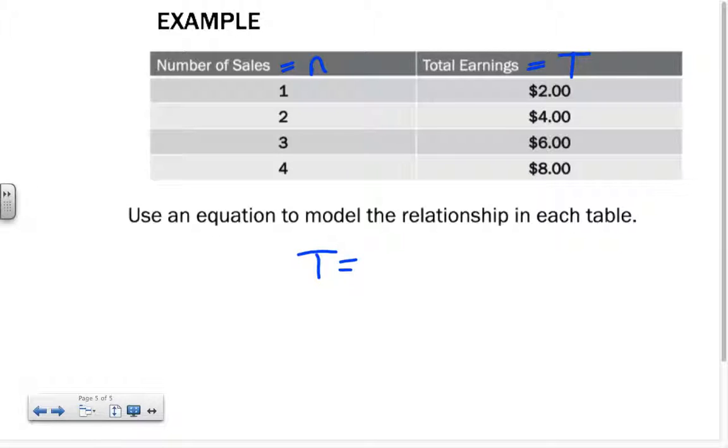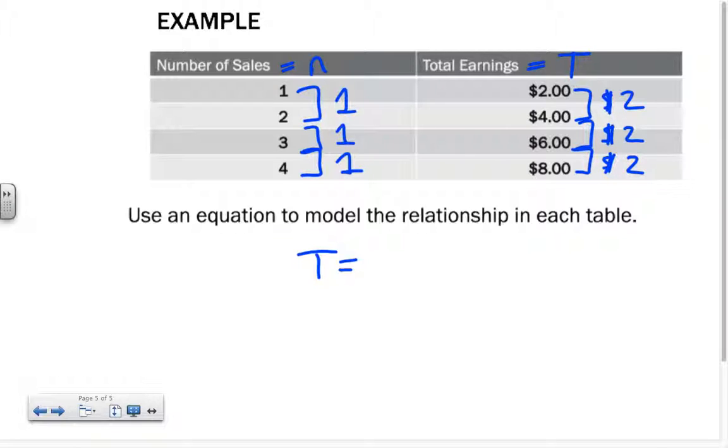So we want to figure out, well, for how many sales do we have this total earnings? We look for one sale, we bring home $2. We go another sale, we bring home $2. Another sale, we bring home $2. In other words, every sale brings us home $2.